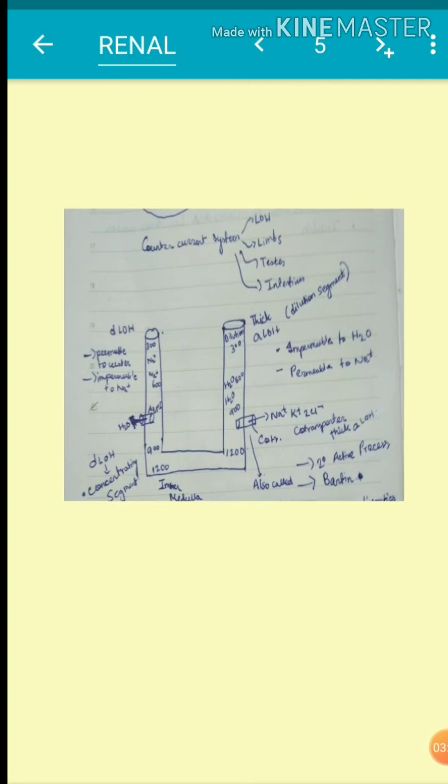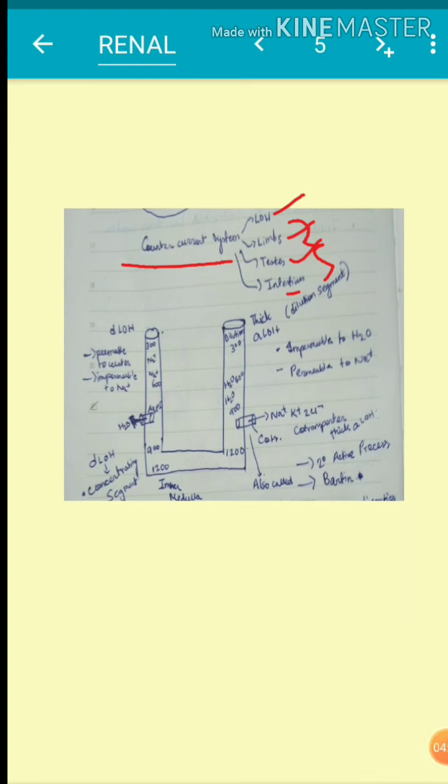Now we will study an important topic, that is the countercurrent mechanism or system, as you say it. It occurs not only in the loop of Henle but also in the limbs, testes and intestines also.